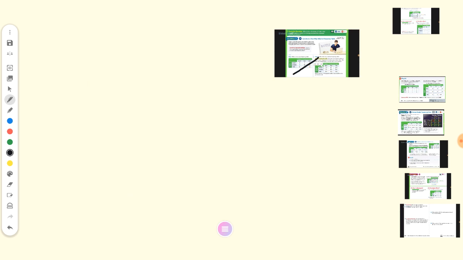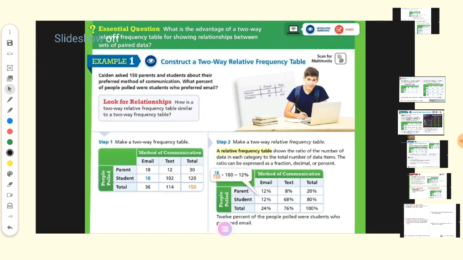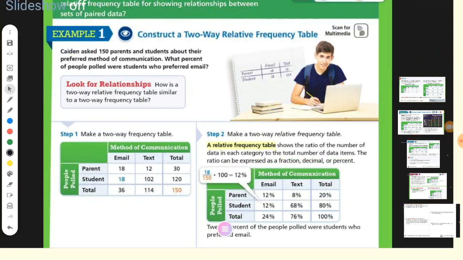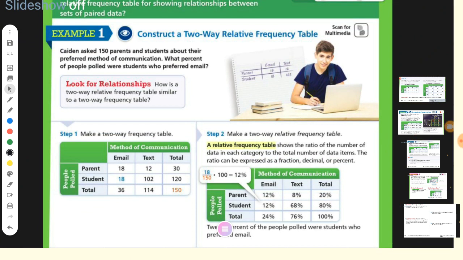In our example, I need to convert each number in the table with respect to the total number of surveyed people, which is 150. So the whole here equals 150.